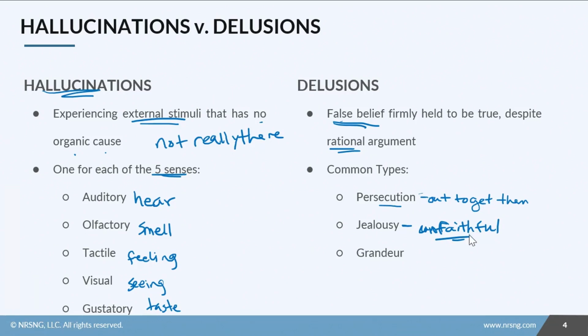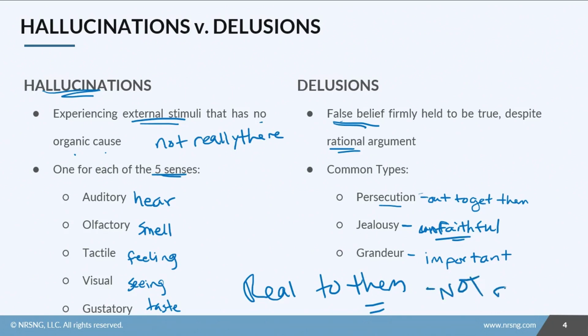They still believe that. And then delusions of grandeur, where they basically think they are way more important than they really are. Again, these beliefs are very real to the patient, but they are not actually real. Okay, real to them, but not real.